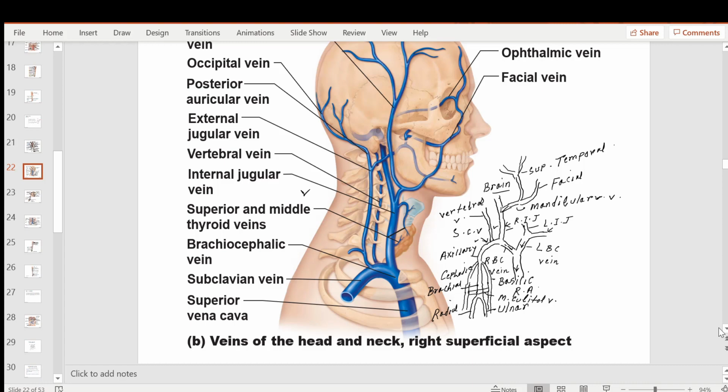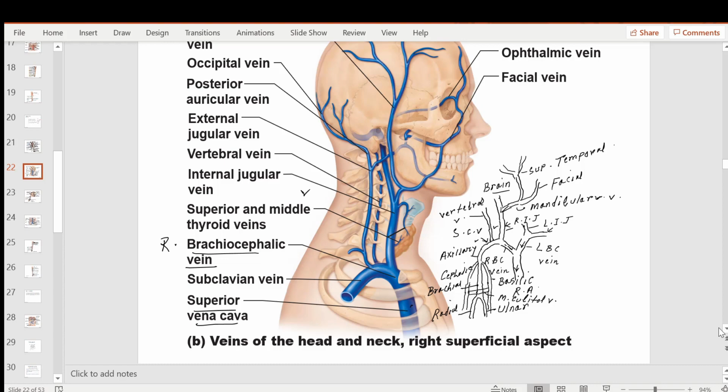So now let's see this picture, it will make it easier. This is the superior vena cava, right? It divides into two brachiocephalic veins, and this is the right side, so you can only see the right brachiocephalic vein.